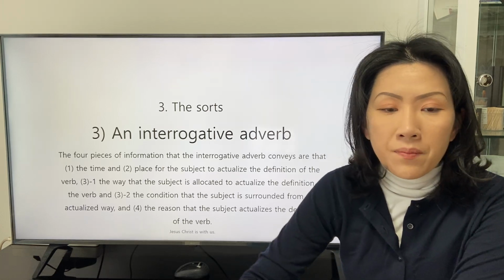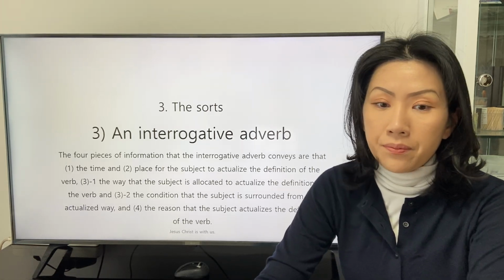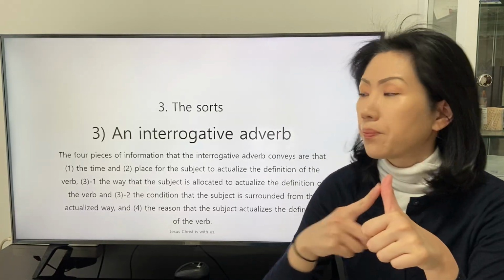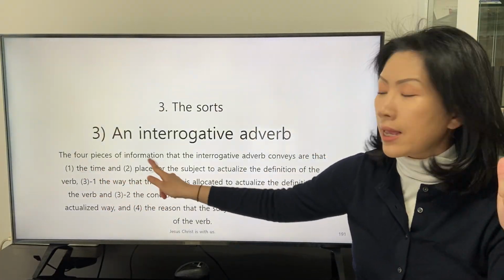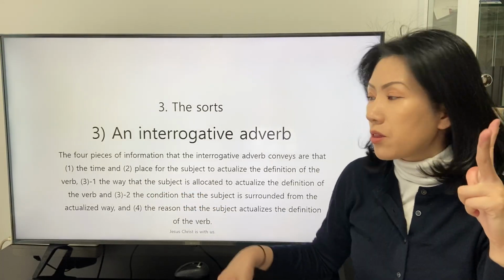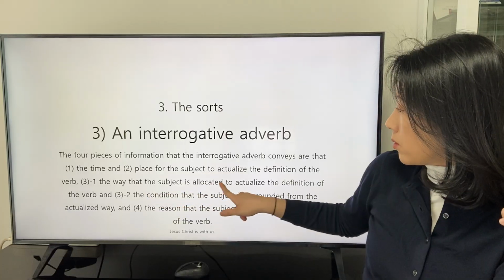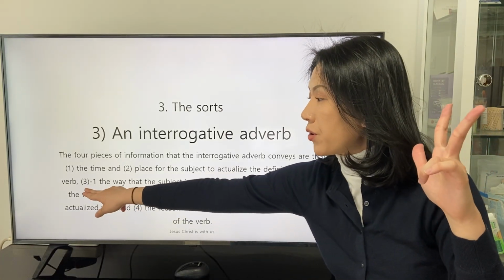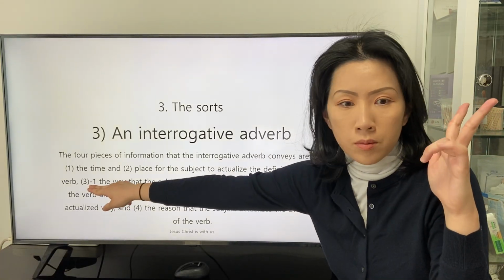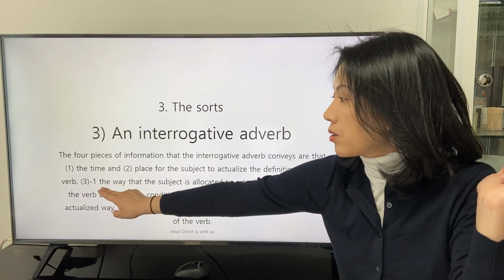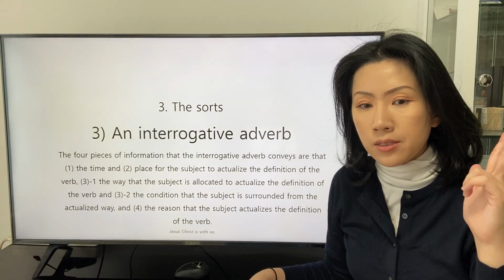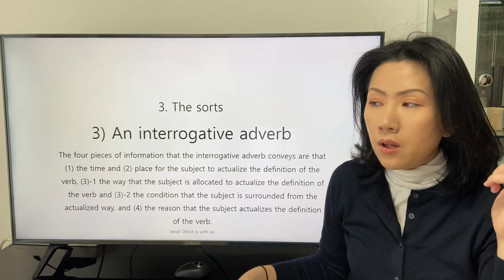The four pieces of information that the interrogative adverb conveys are the time and place for the subject to actualize the definition of the verb. The first one of the third information is the way that the subject is allocated to actualize the definition of the verb.